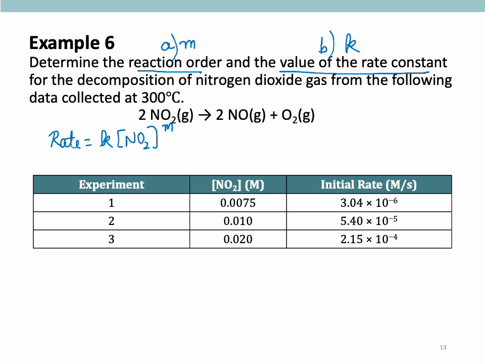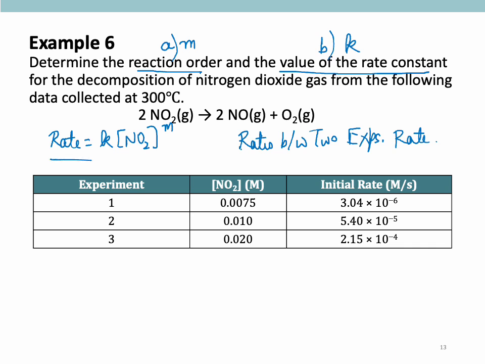So now if I need to solve for m, the best way to solve this is you pick any two experiments you want. Okay, if you can do this in your head, great. If you cannot do this in your head, the other way is we will follow the long route, which is you find the ratio between two experiments' rate.